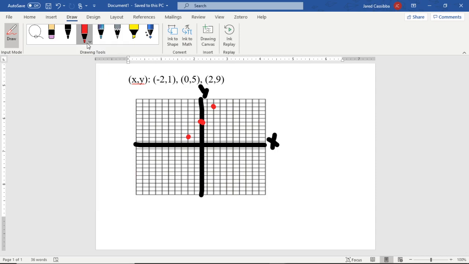I'm going to extend out from both sides just a little bit because all lines go on forever in both directions unless otherwise stated. So this is our line for the equation they gave us. Oops, that was my fault. Let's redraw those. There we go.